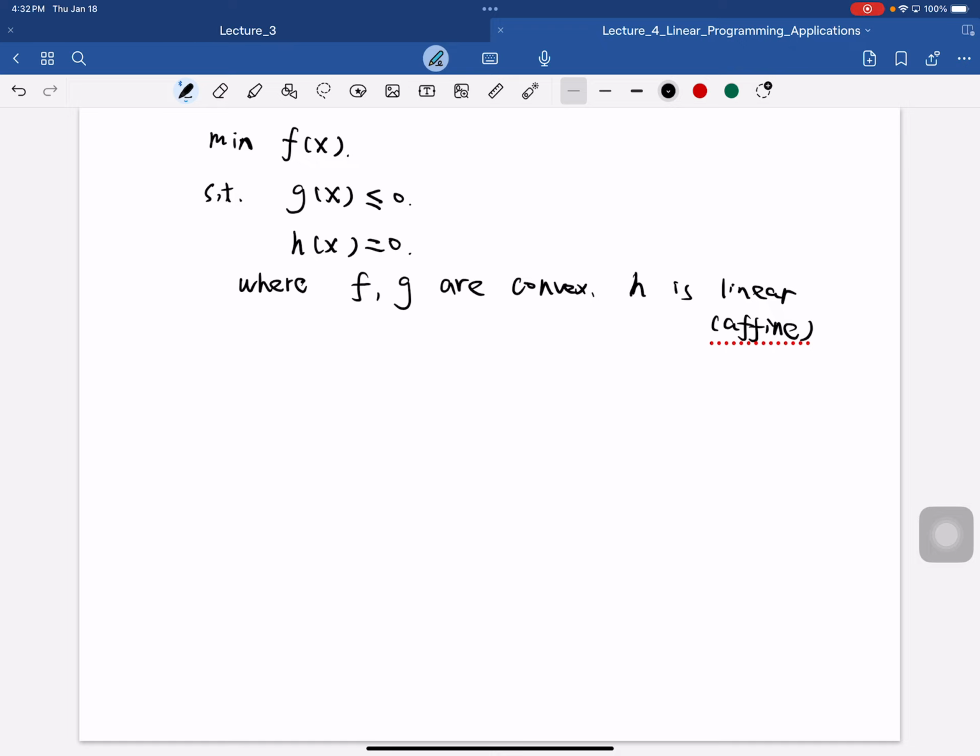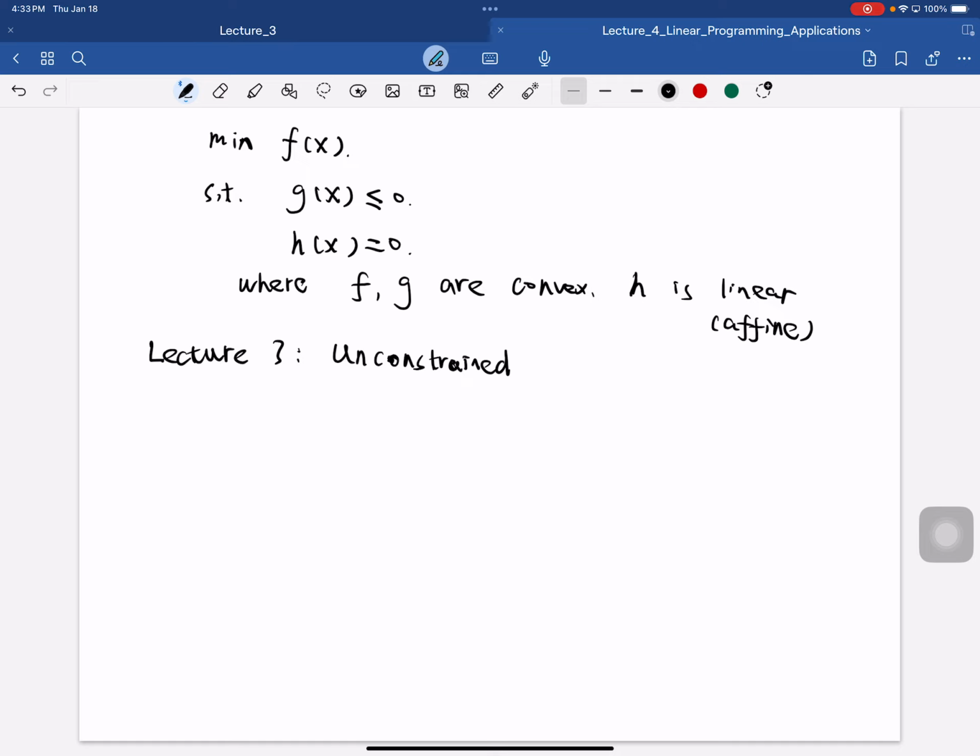In the previous lecture, so this is lecture 3, what we covered is the unconstrained optimization problem, where basically you don't have those constraints g(x) and h(x), right? What you only have is just minimize f of x where the domain of x is in R^n. That's unconstrained optimization problem.